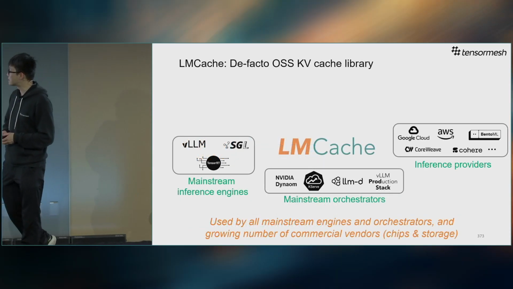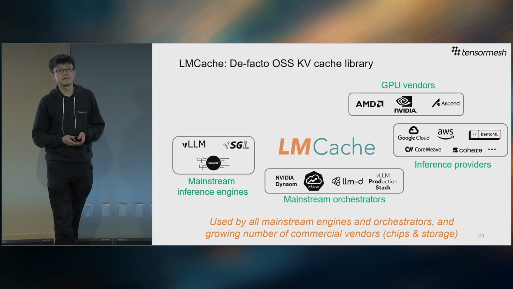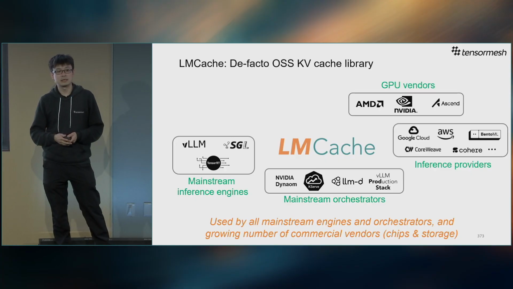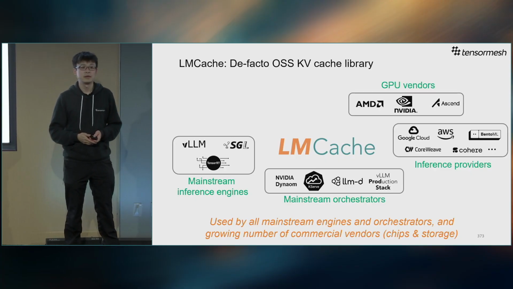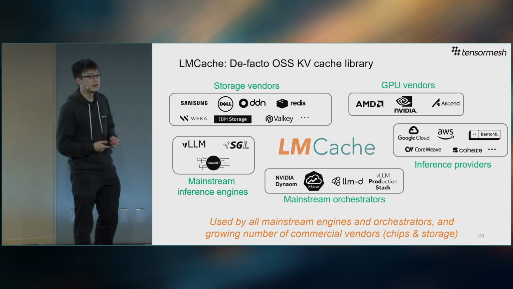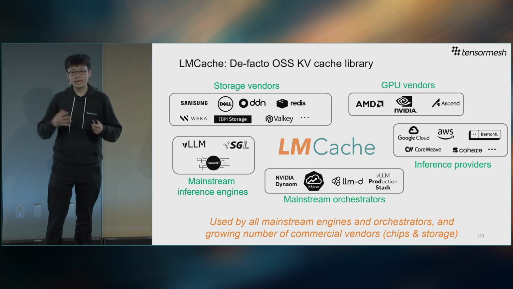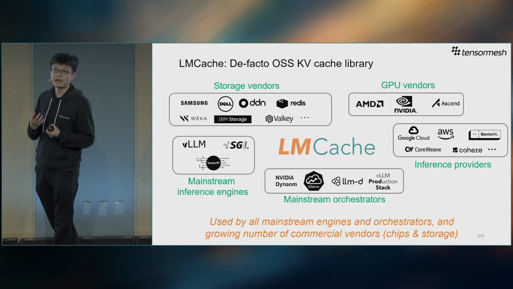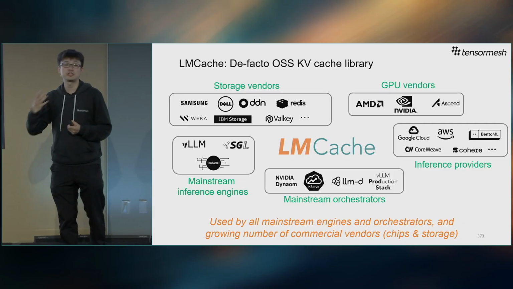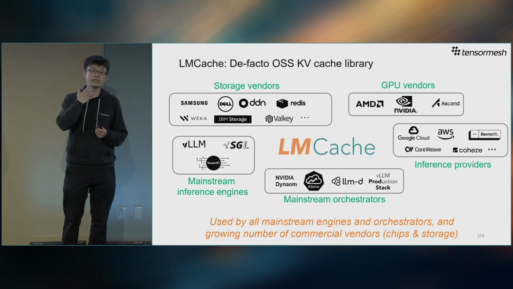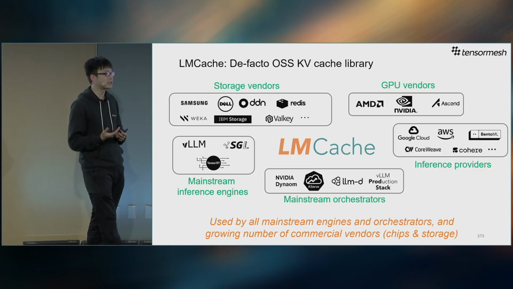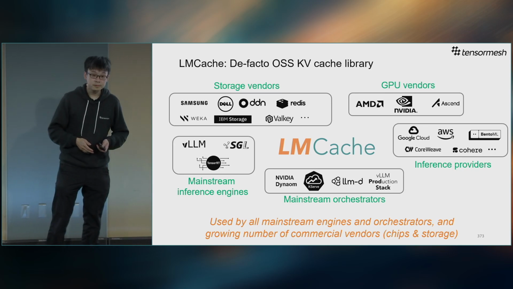And of course, a lot of inference providers love that, and we integrate with both AMD and NVIDIA and other things. And finally, it's a great thing for storage vendors, because when they write their integration of KV cache optimization, they don't have to touch the inference engine, right? They just need to interface with the KV cache library, LMCache.